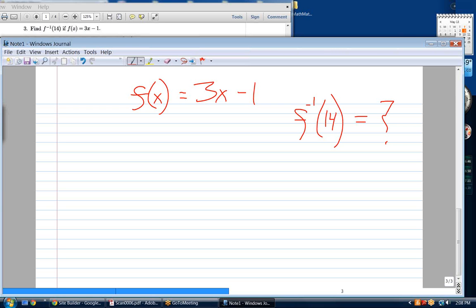So how would you think we would do this? So let's think, the inverse function, would that be 1 over 3x minus 1? No, how do we find inverse functions? Oh yeah, you switch the y and the x, and then solve for the new y.